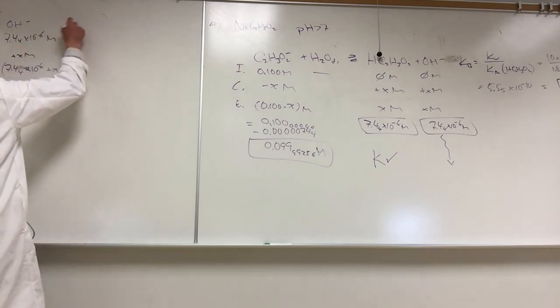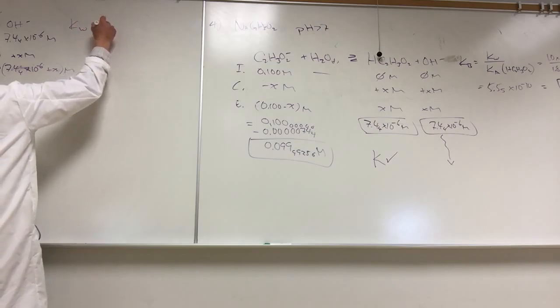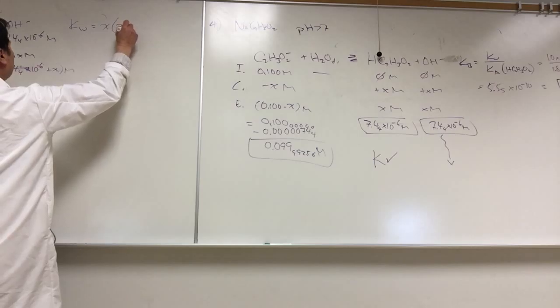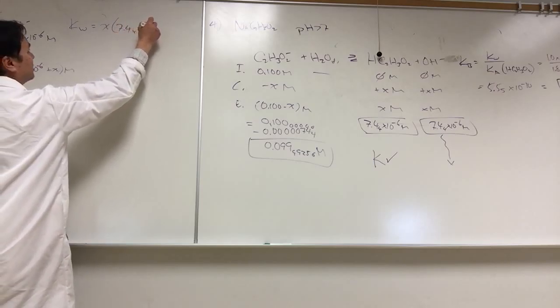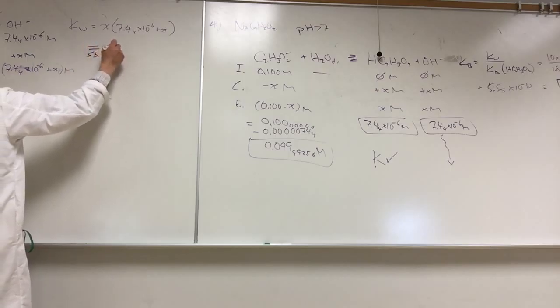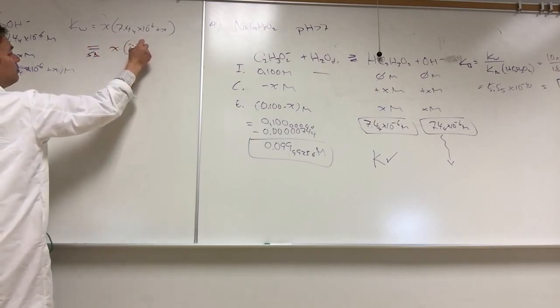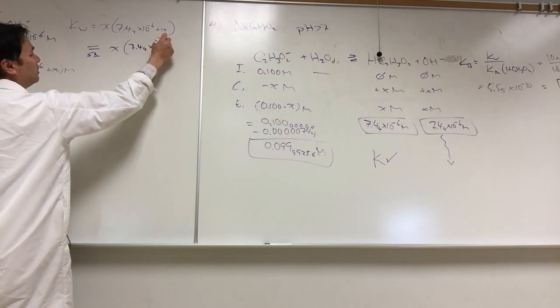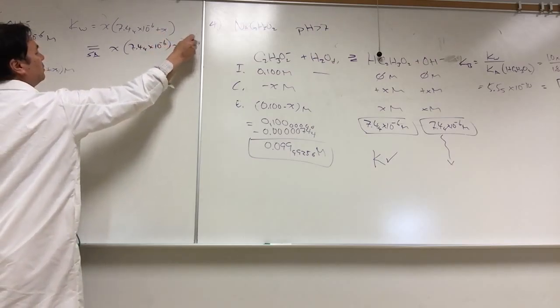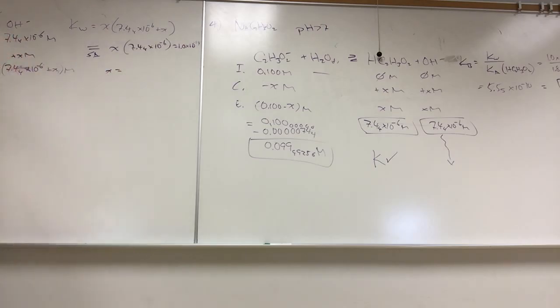Okay, so Kw is going to equal the hydronium ion concentration, X, times the hydroxide ion concentration, 7.44 times 10 to the minus 6 plus X. We'll just go ahead and use the simplifying assumption. So this is going to be X times 7.44 times 10 to the minus 6, and this is going to equal 1.0 times 10 to the minus 14. And so X is equal to what?